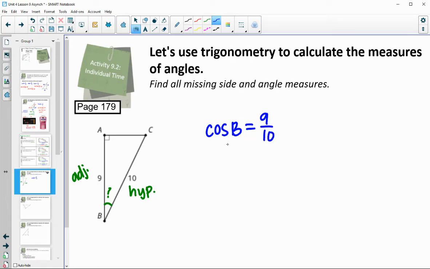Now to get this angle back, remember we do the arc cosine of the ratio equals that angle. So you need to type that in your calculator. If you're using your phone, you would do 9 divided by 10.